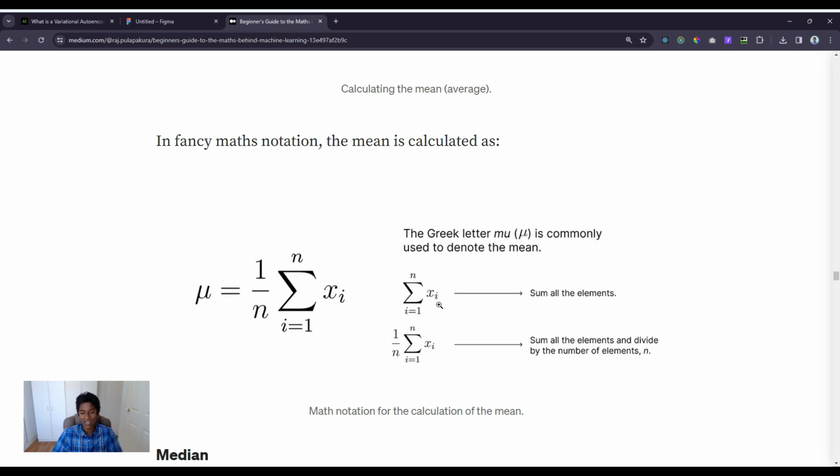Let's say x is our vector of numbers, and we go through all the elements from i equals 1 to i equals n, and we just sum all those elements together. Then we divide by the number of elements, which is the same as multiplying by 1 over the number of elements. And that's what we're doing here. And that's the formula for the mean.